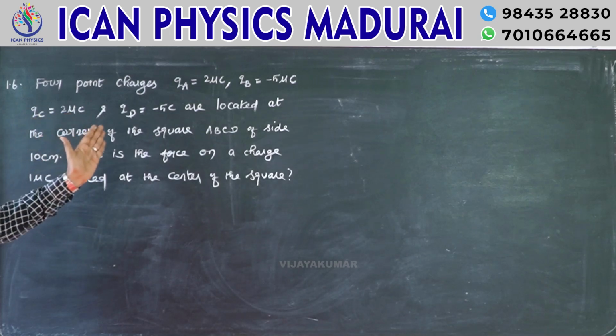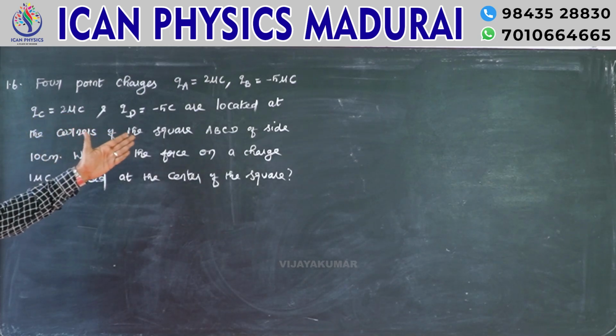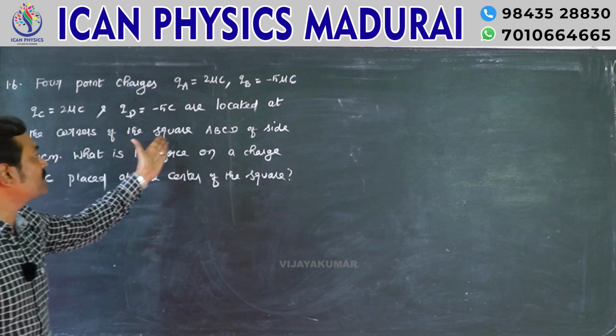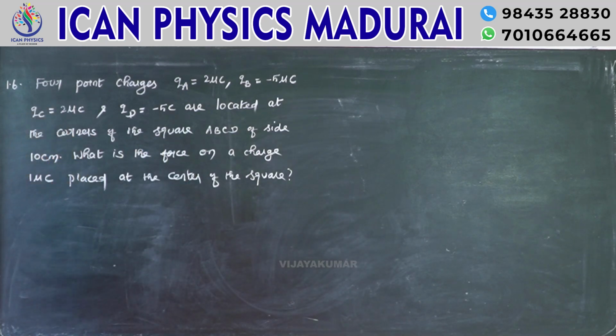Four point charges QA, QB, QC and QD are located at the corners of a square of side 10 centimeter.